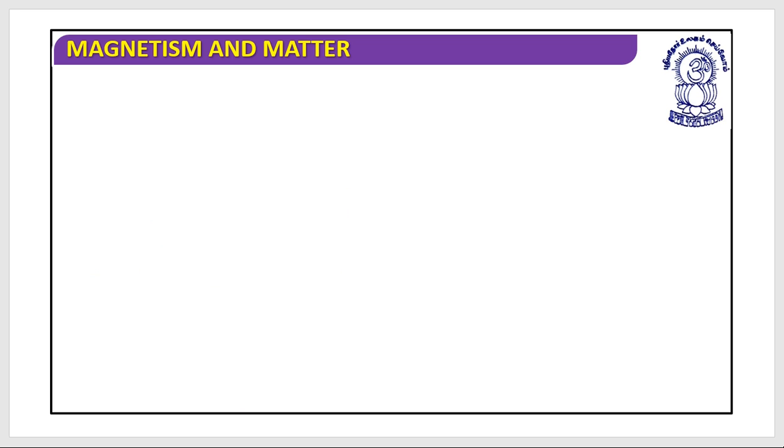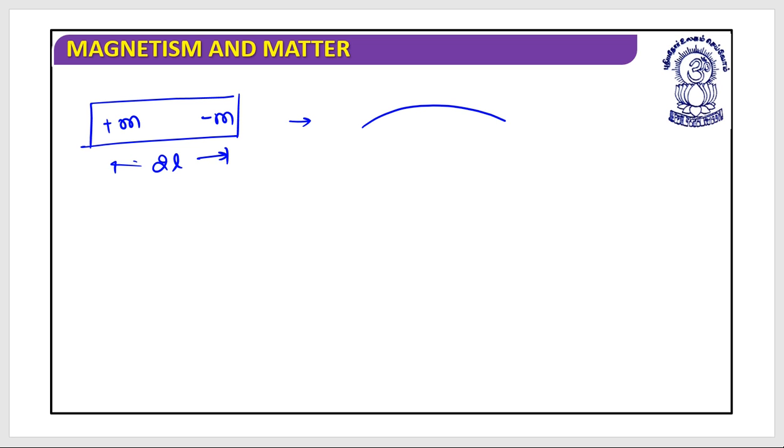Let's have a look. Let's suppose a situation is something like this. This is plus m, this is minus m, this is length 12, and this has been bent to an arc.